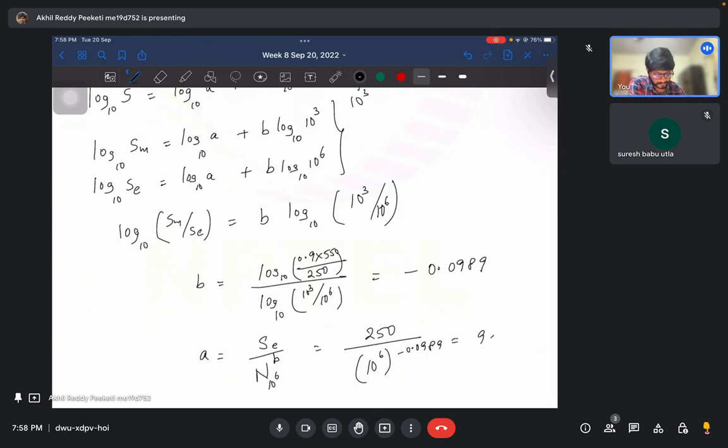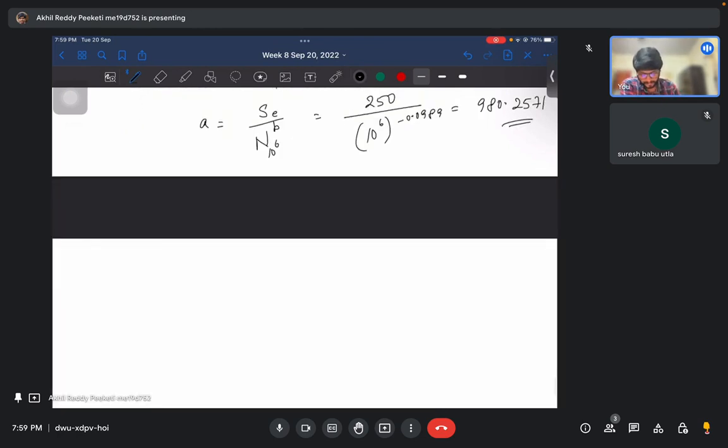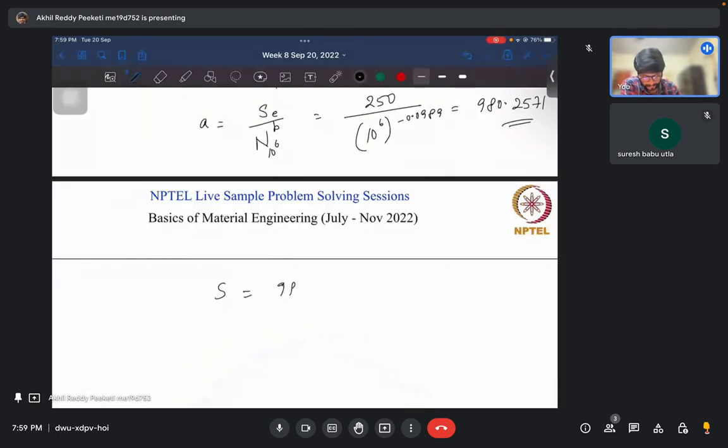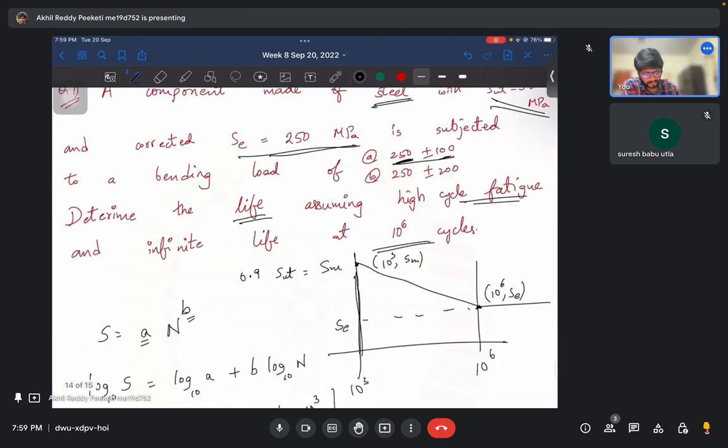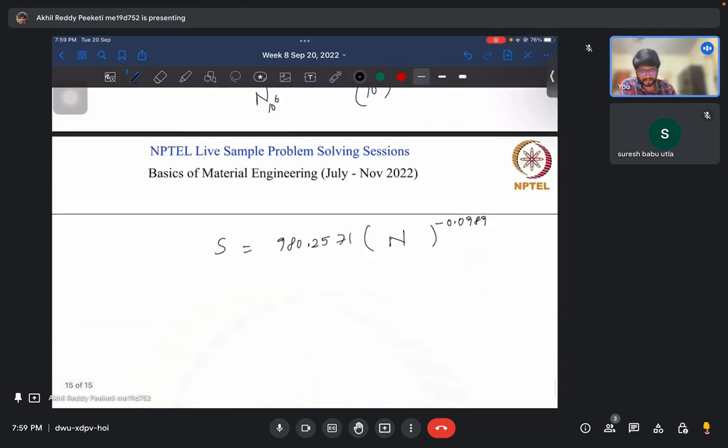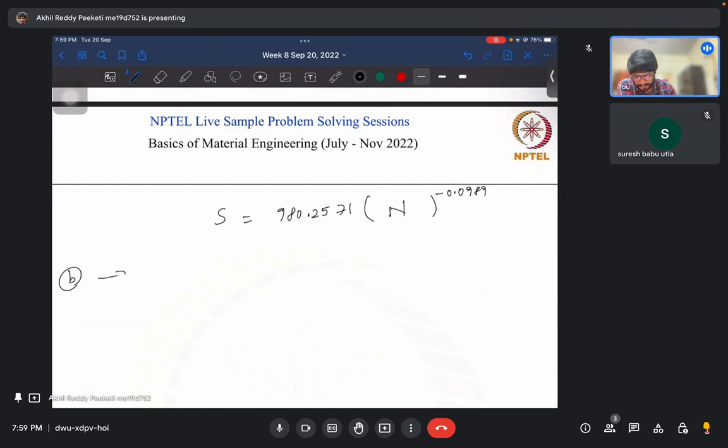That would give us 980.2571. So now we have this equation: S equals 980.2571 N power B. In the last weeks we directly used this equation to calculate the life, right, if you know the actual stress applied. Now, because we have mean plus amplitude, I will solve for case B. You can check for case A.